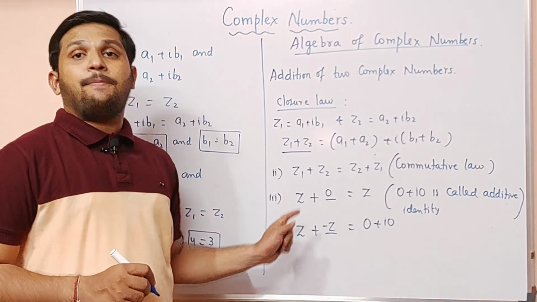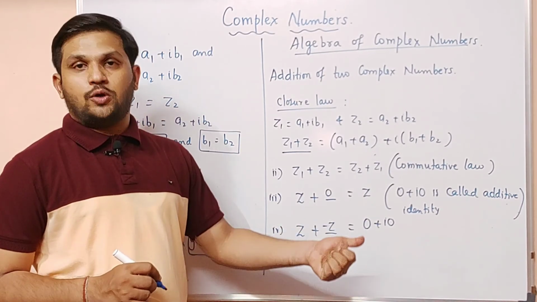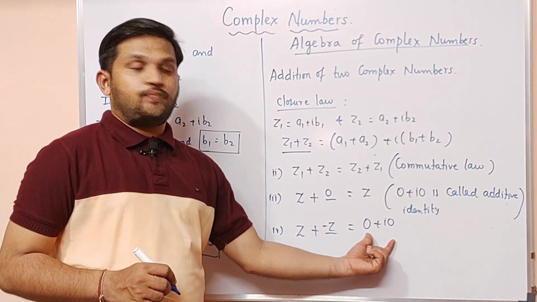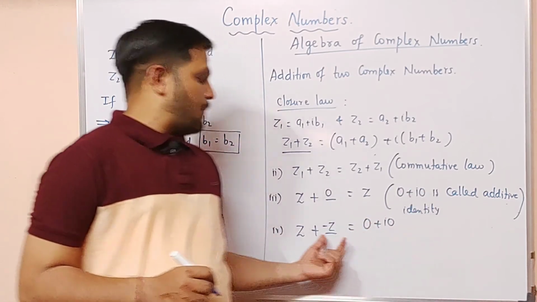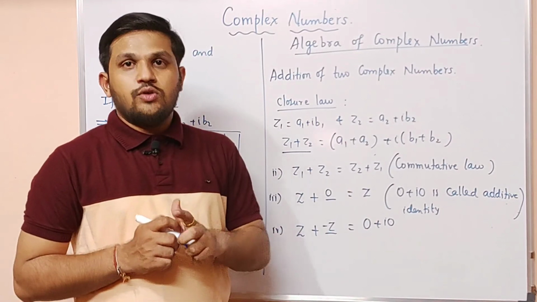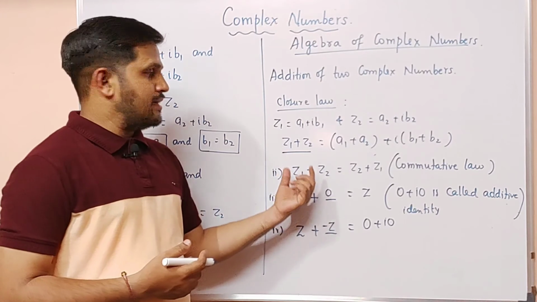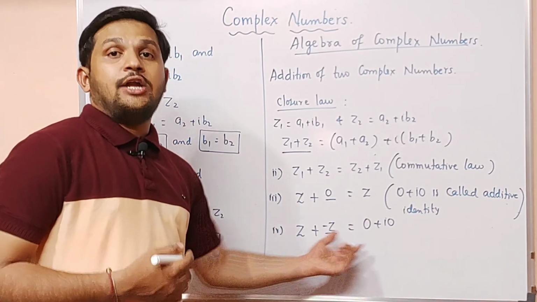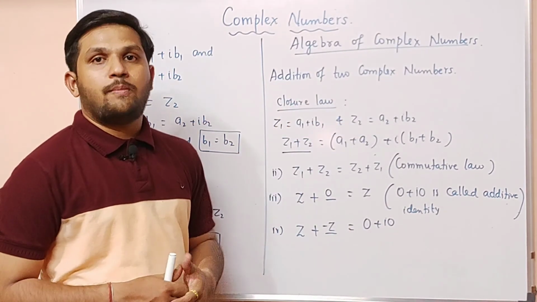If z is a plus i into b, minus z will be minus a minus i into b. If you add these two, you will get 0 plus i into 0. This minus z is called the additive inverse of a complex number. So we know how to add two complex numbers, satisfying the commutative law, identifying the additive identity and the additive inverse. This is with respect to addition of two complex numbers.